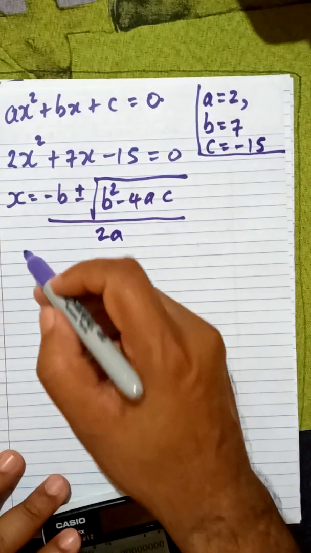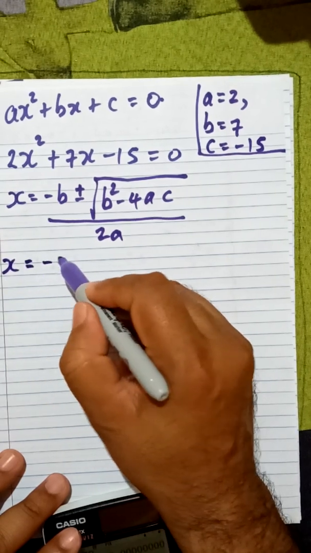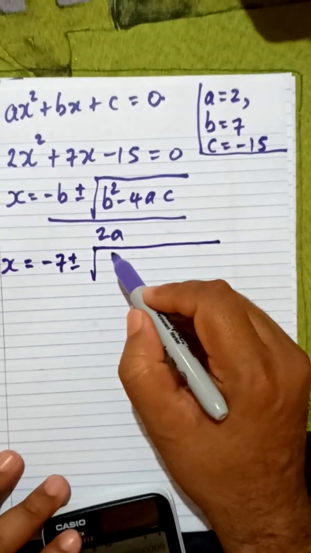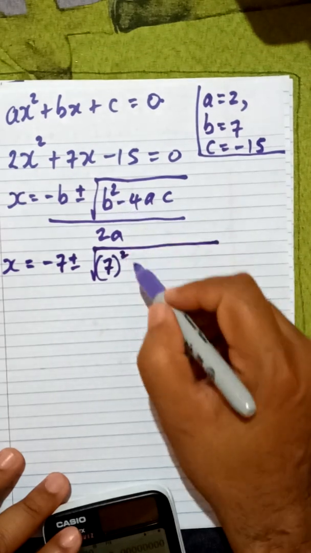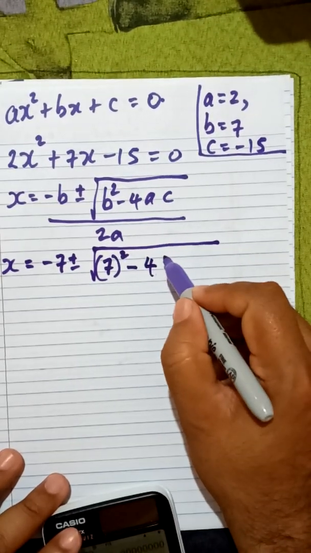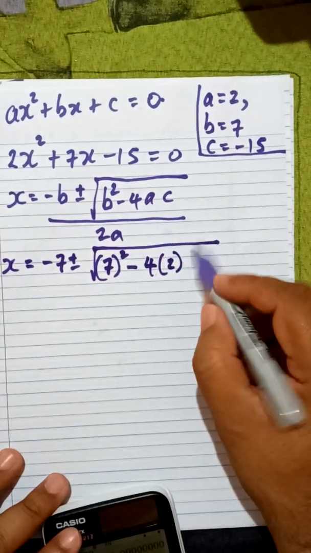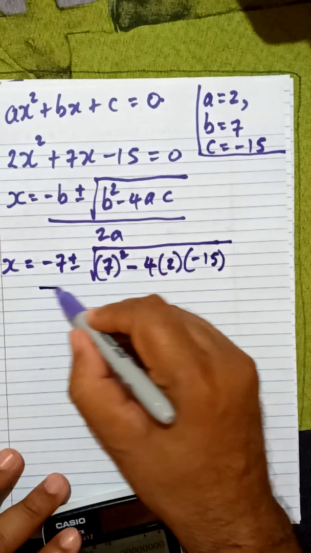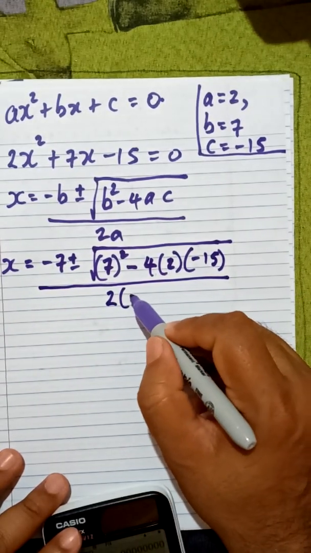So quickly substituting this, we have x equals negative 7 plus or minus the square root of b squared, b is 7, so that's going to be 7 squared, subtract 4, multiplied by a, which is 2, multiplied by c, which is negative 15, all over 2 multiplied by a, which is 2.